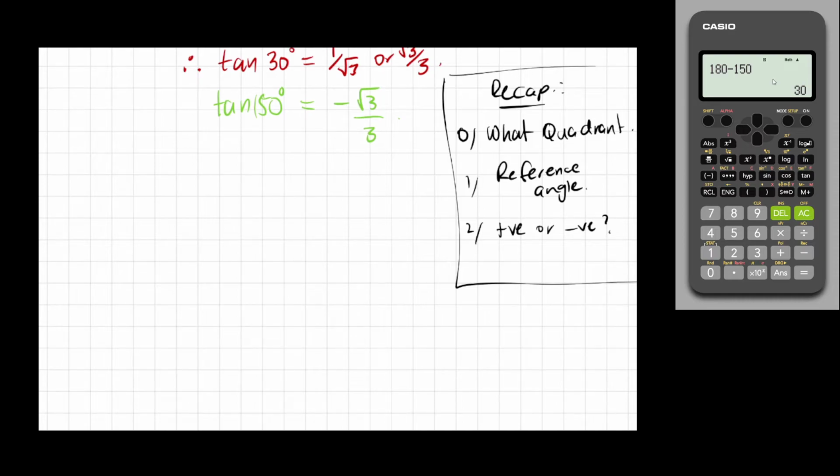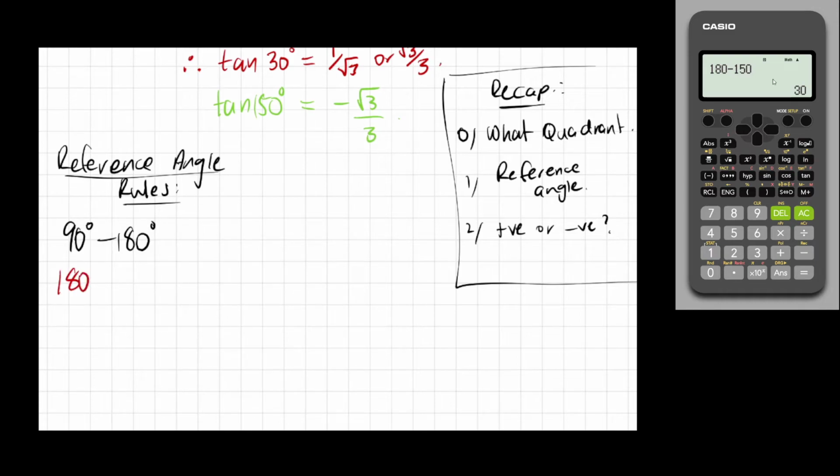We call them the reference angle rules. The reference angle rules basically say 90 to 180 degrees, the rule is you do 180 minus whatever it is to get to your answer.